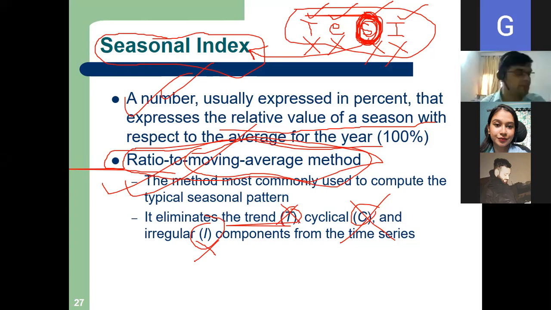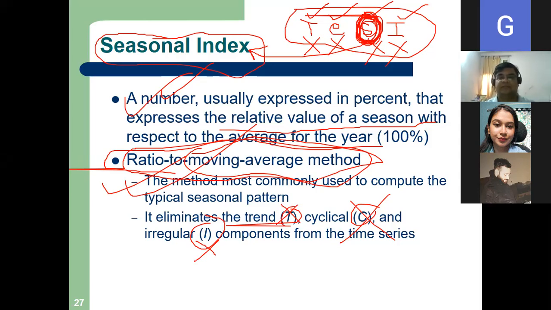Is this clear? Then we will start with the method. Hope it is clear. Seasonal index. Yes, Rishabh? Yes, sir. Is this clear now?